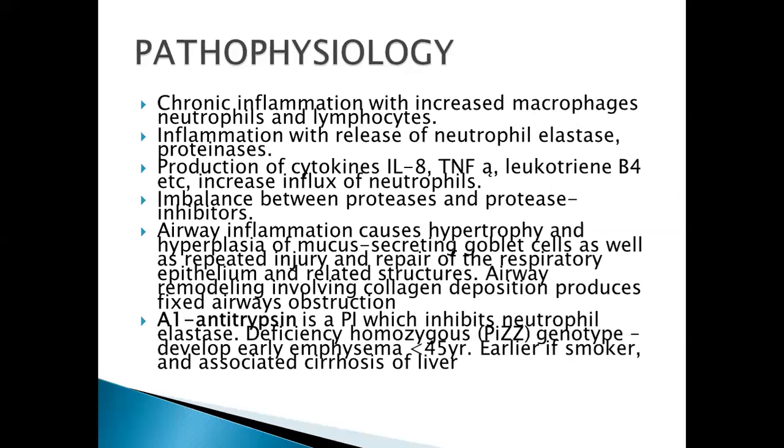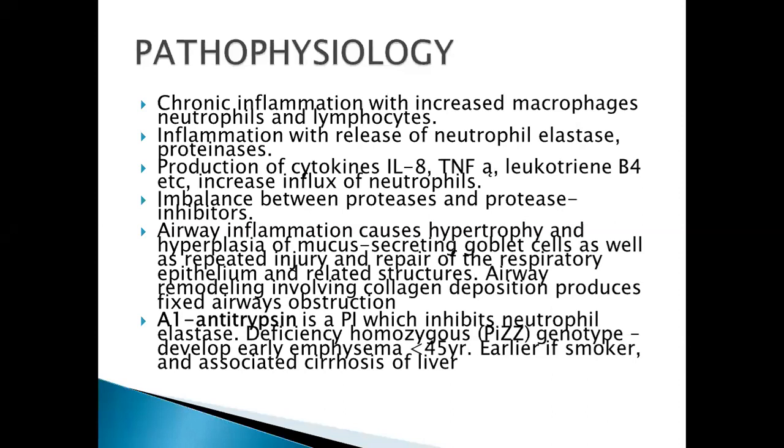Now, these neutrophils, or inflammatory cells, secrete the elastases, these proteinases, which are enzymes that degrade the elastic fiber, principally the elastin of the respiratory airways and then the lung parenchyma.